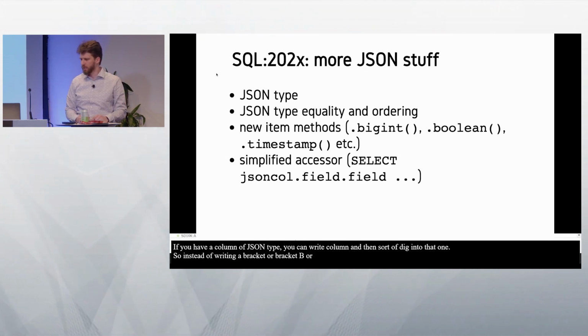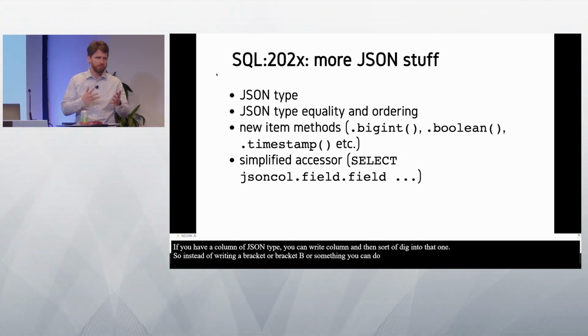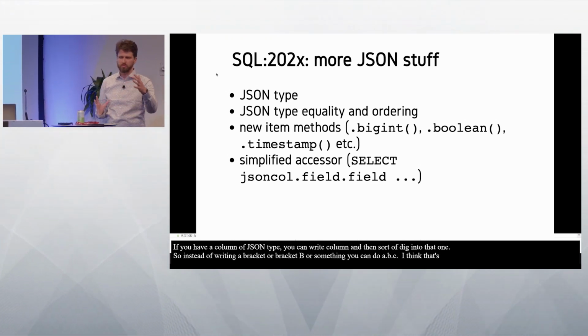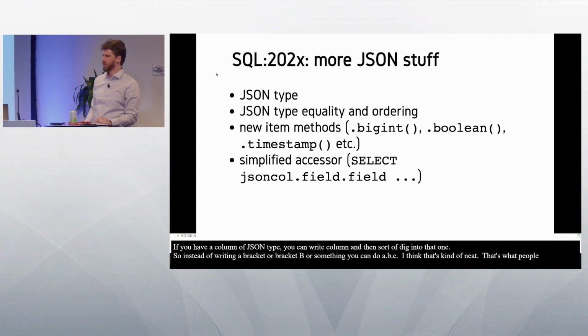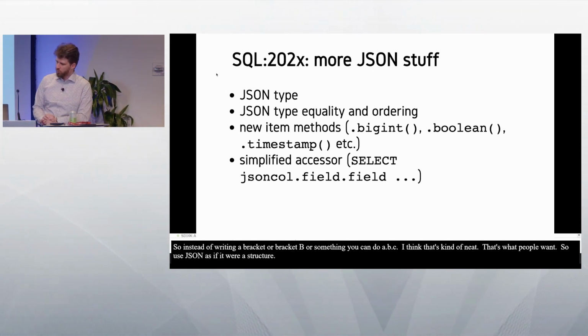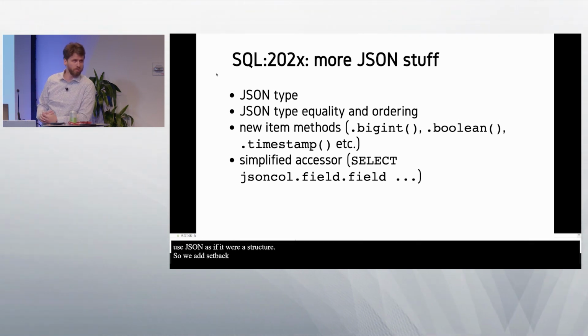I think that's kind of neat. That's kind of what people want in a way, right? Just use JSON as if it were a structure. Obviously we had a bit of a setback with JSON and Postgres, but over time, I think these things could come into Postgres.